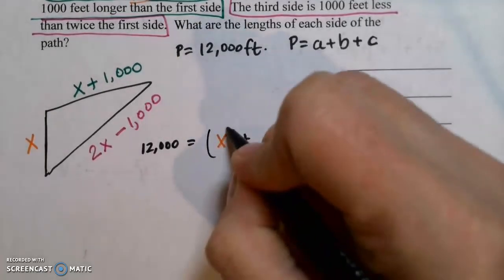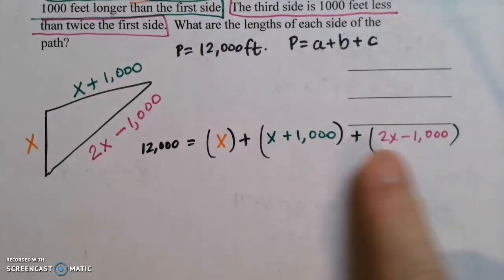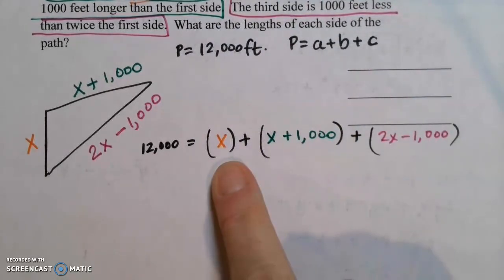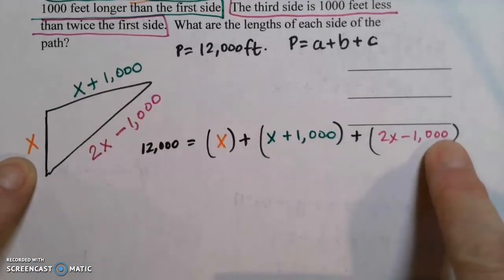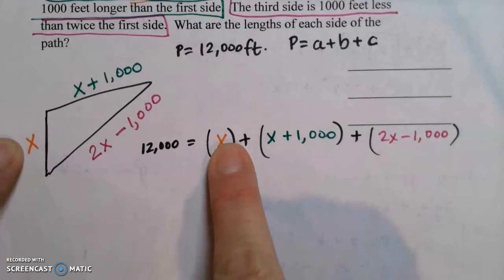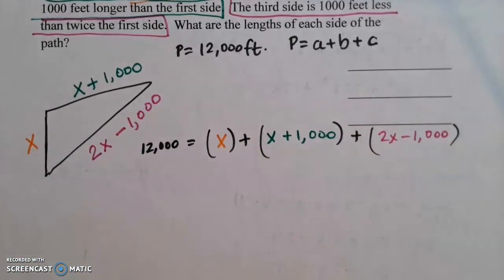So the big mistake people tend to make here is they forget to put all 3 sides. So make sure that all 3 sides are represented here. You can see I've got it matched back up to my picture, that I've got that side X, X plus 1,000, and 2X minus 1,000. Those are the 3 things I'm going to add together. And then from there, you can go ahead and do the solving on that.